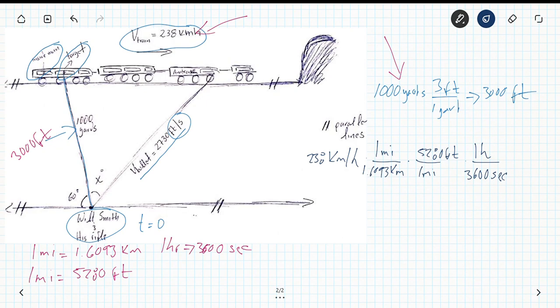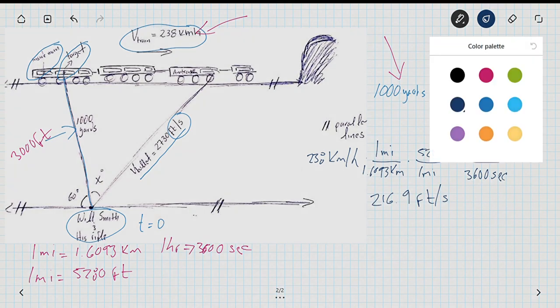Now, if you punch this into your calculator, you are going to get 216.9 feet per second. There's a little bit more numbers after the 9, but we're going to estimate it at 216.9 feet per second.